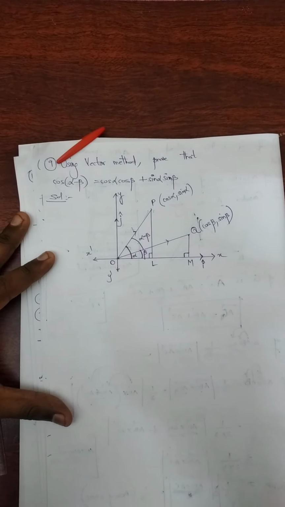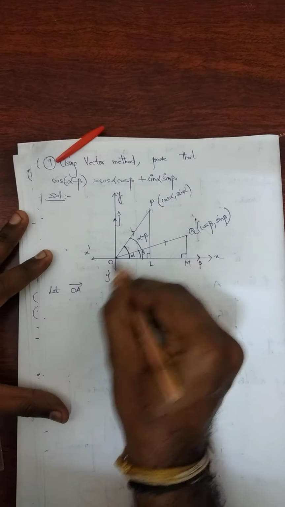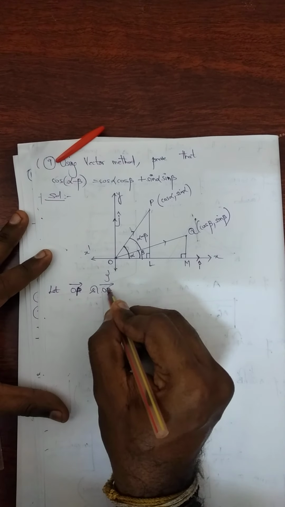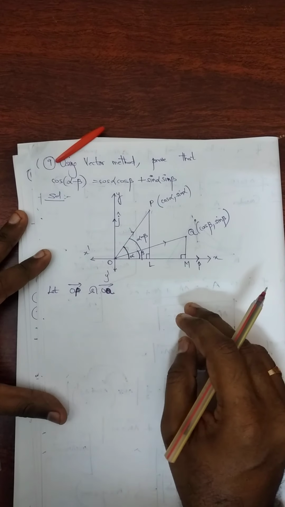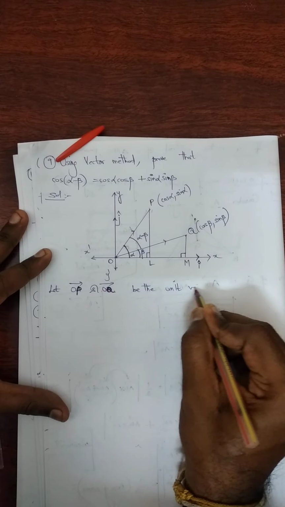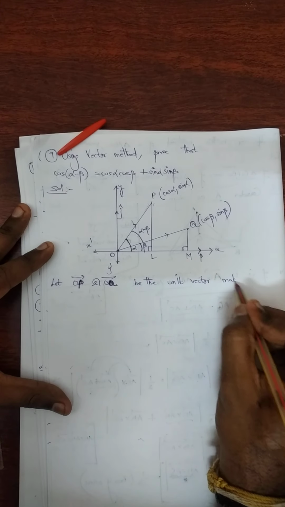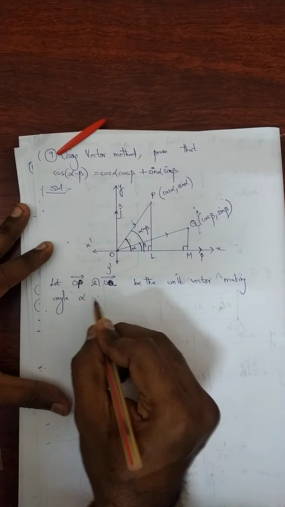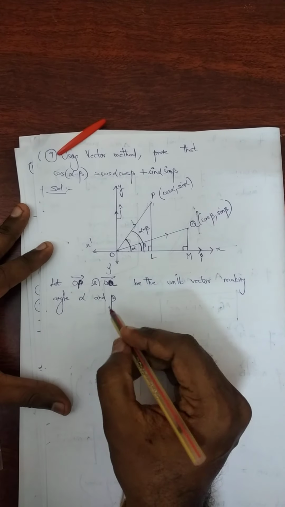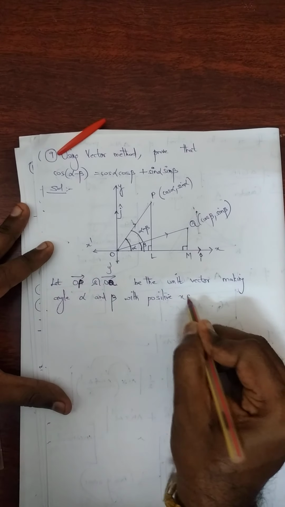Let OP vector and OQ vector be unit vectors, making angles alpha and beta with the positive x-axis.